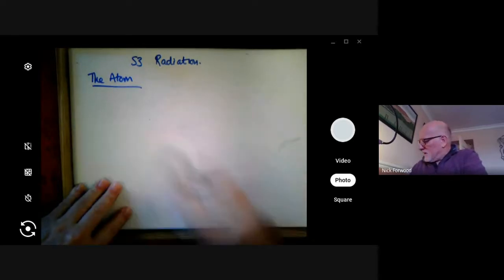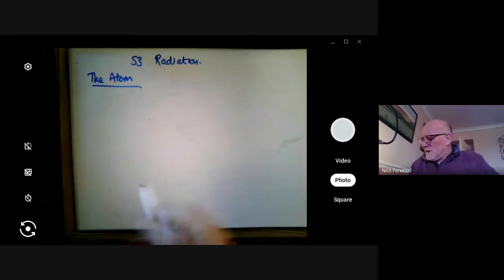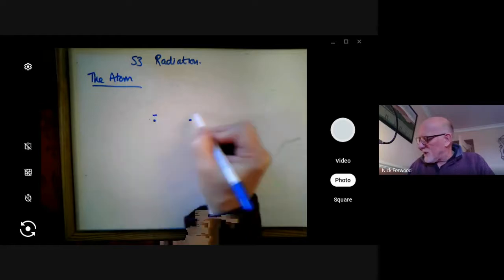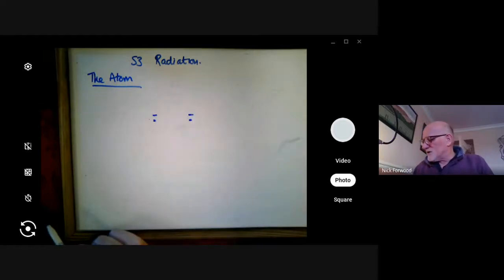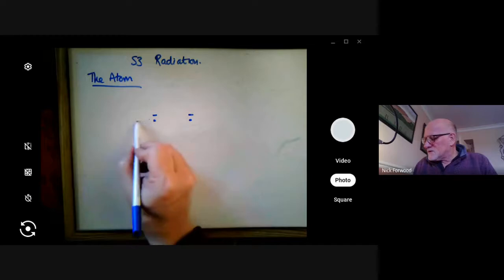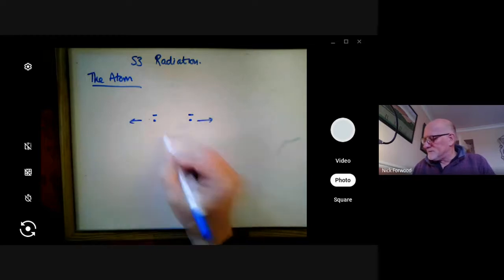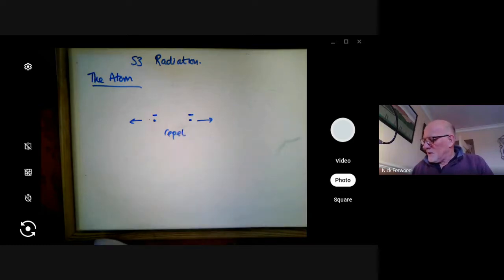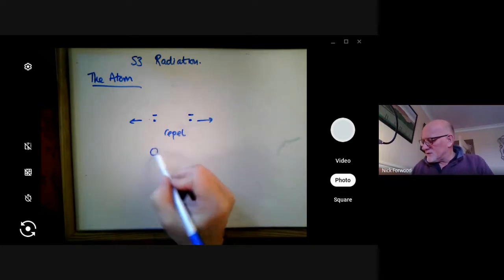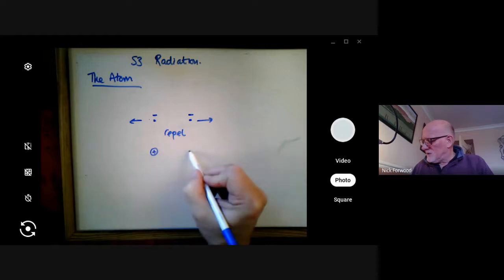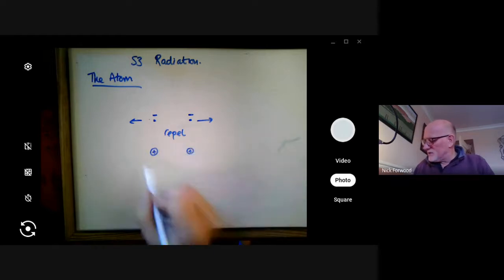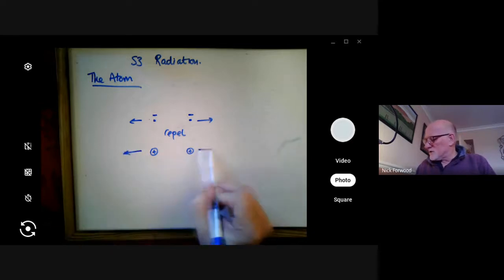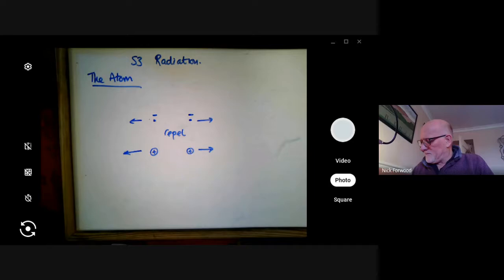So just a little bit about charges. If I've got 2 negative charges, say I've got 2 electrons sitting next to each other, they both have a negative charge. Two negative charges don't like each other, so they will repel each other. Two protons sitting next to each other have a positive charge each, and two positive charges don't like each other, and so they will also repel each other.